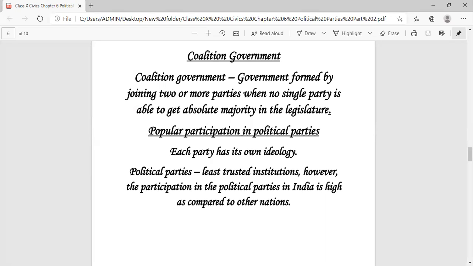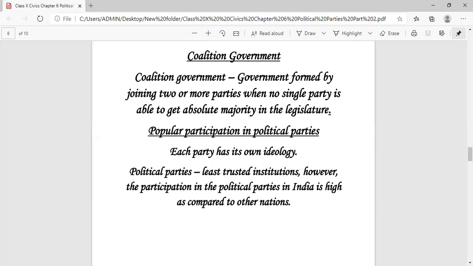Also, Bihar faced a coalition government of Janata Dal United and Rashtriya Janata Dal, JDU and RJD, before 9 November 2015. That's all we need to remember about the coalition government. What we need to remember is a definition and an example for coalition government.